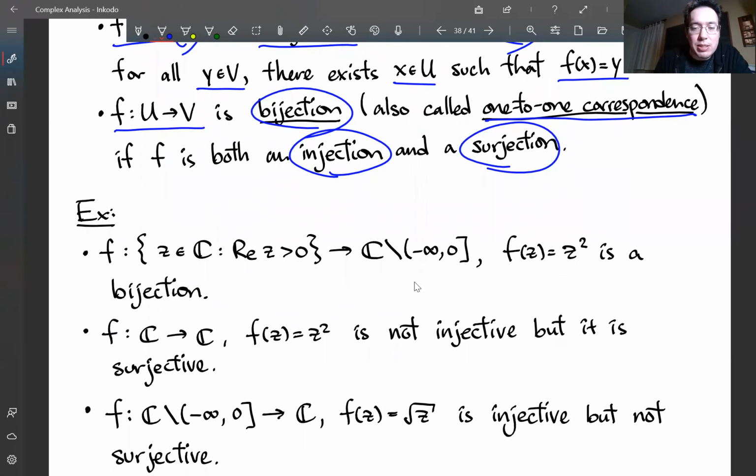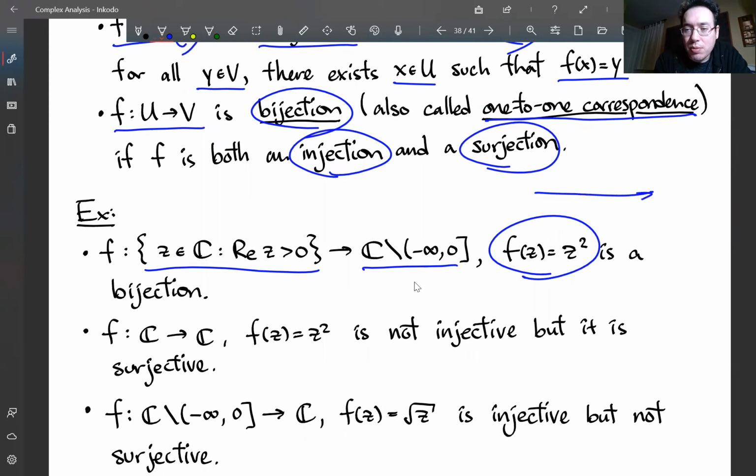So let's focus on the function z squared, but I'm going to look at a different domain and range than usual. Here I'm going to look at the domain where the real part is positive. So that's the right half of the complex plane.